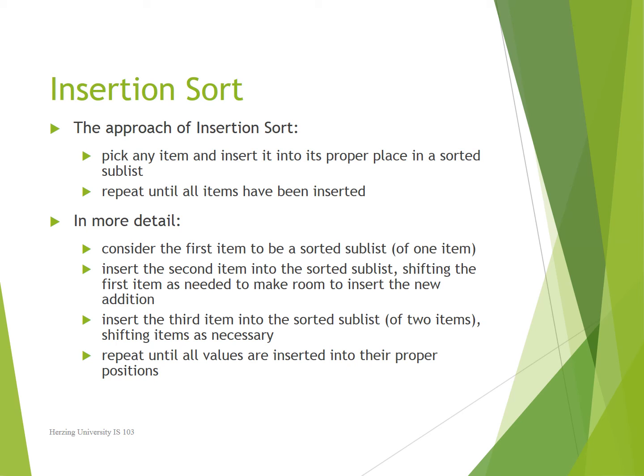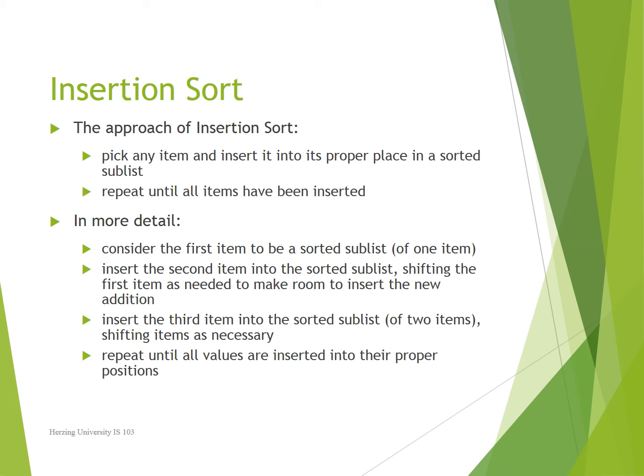Insertion sort. The approach of insertion sort is to pick any item and insert it into its proper place in a sorted sublist. You repeat this until all items have been inserted. In more detail, consider the first item to be a sorted sublist.